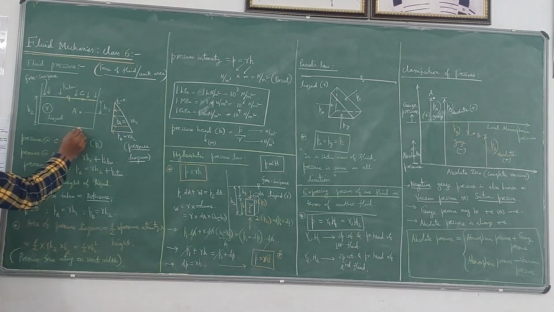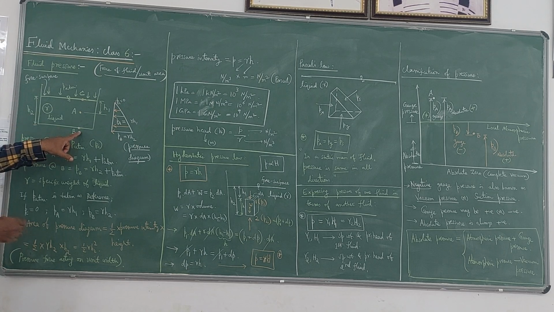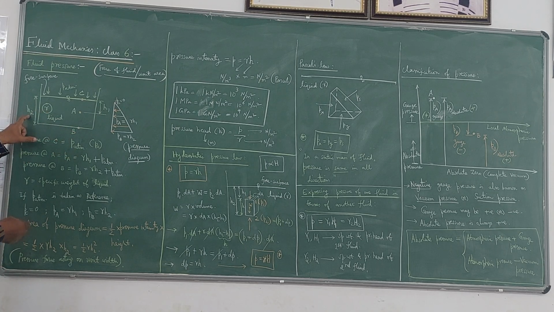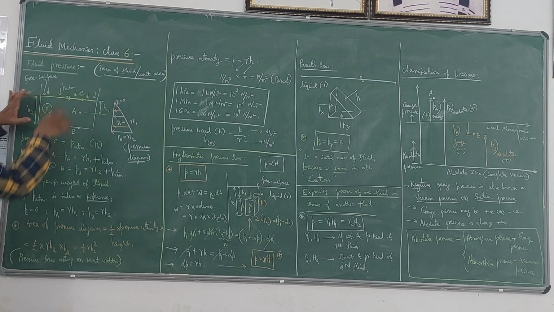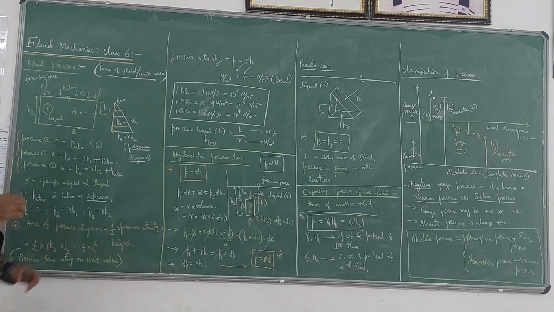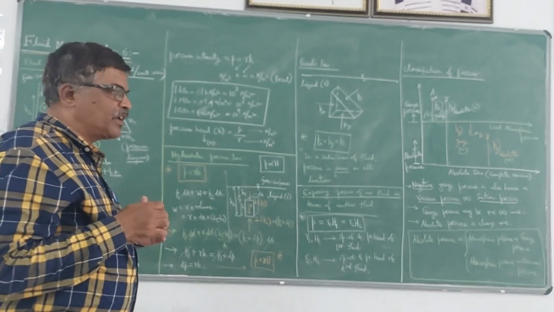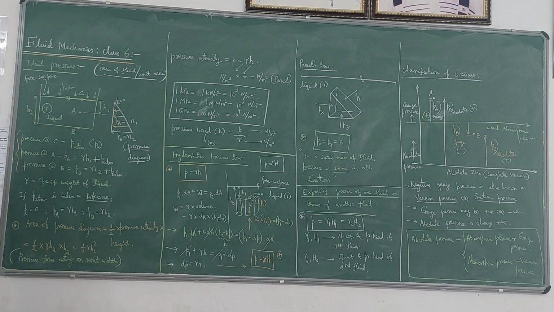Then pressure at B: if I take this depth as h2 from the free surface to this bottommost point B, then gamma into h2 is the pressure of this liquid at B, plus the atmospheric pressure. So this is how we can compute the pressure at different points at different levels in a static fluid. This is a static fluid because it is kept in a container.